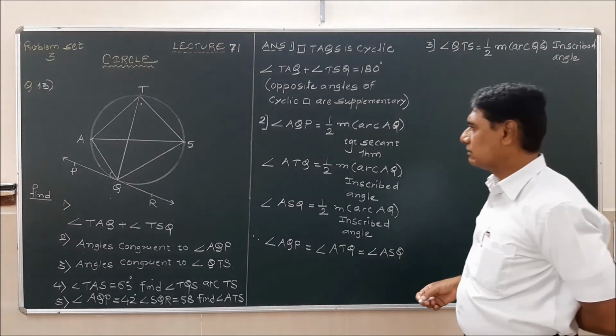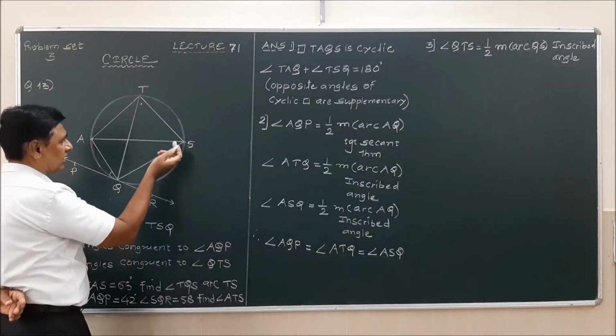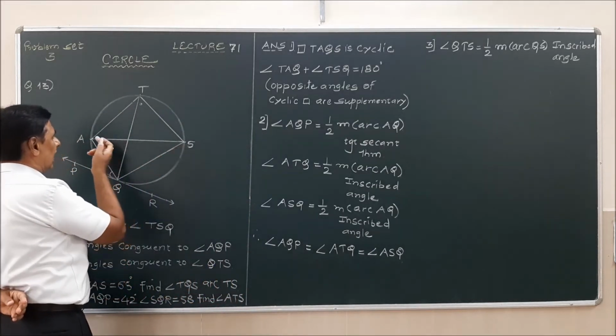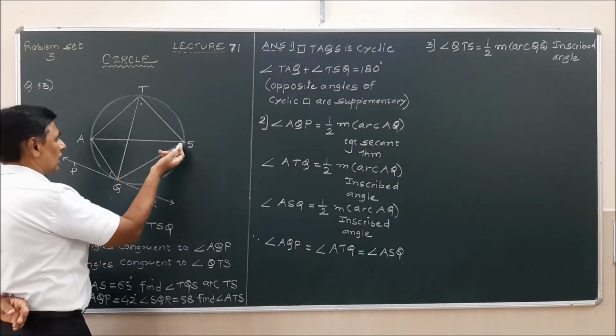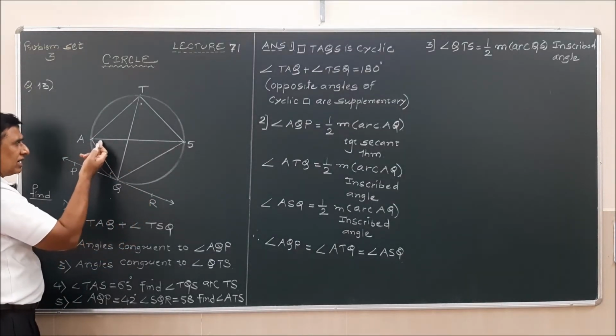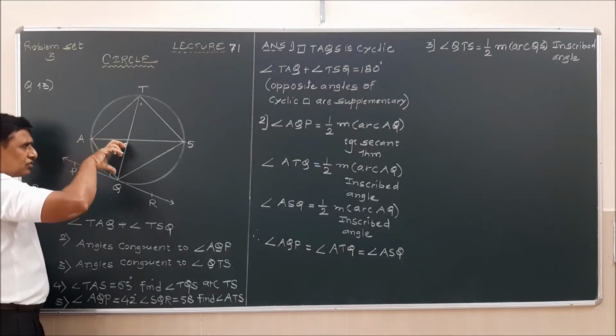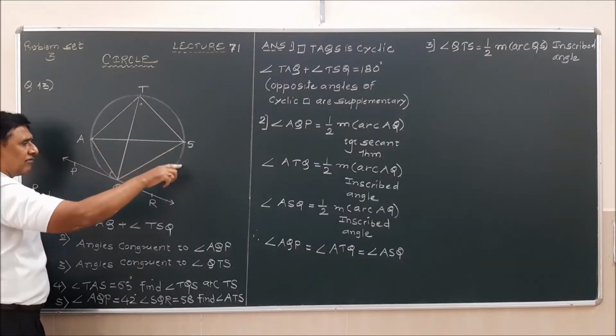Now next to that, you will also find, please try to understand, angle SAQ. This angle vertex is on the circle. This is also inscribed angle, so that is also equals to half arc SQ.